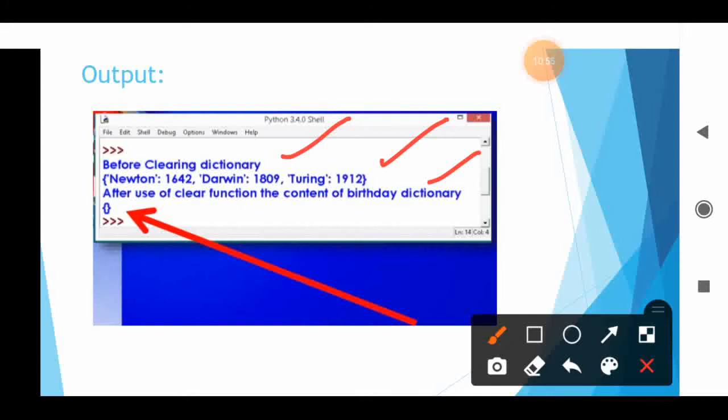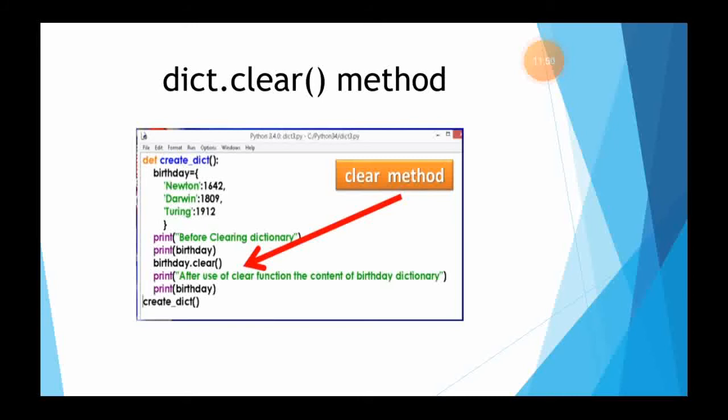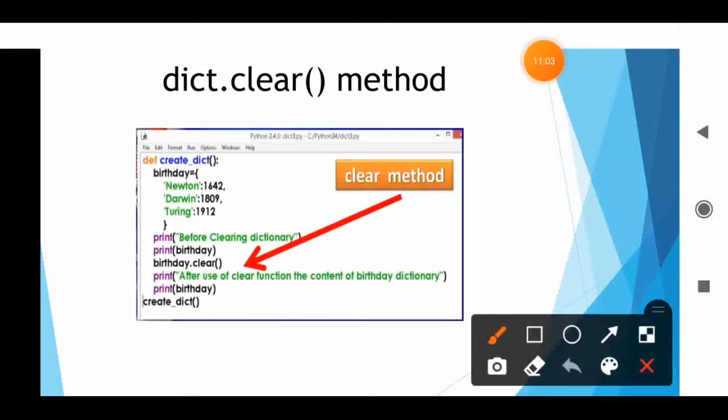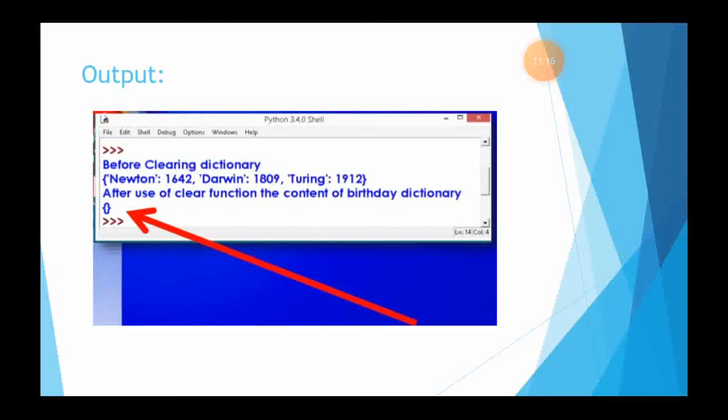Now the dictionary is empty because we have used the birthday dot clear method. That means we used the clear function, so it will remove all the elements from the dictionary. So now we are printing the birthday dictionary, it is an empty dictionary.